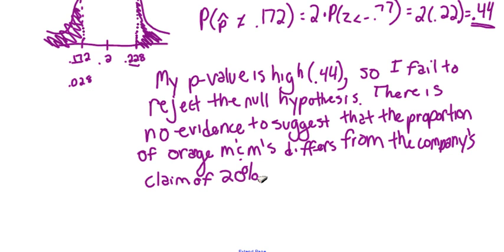This means there's evidence to suggest that the alternative is true. There's a null hypothesis and an alternative. If your p-value is above 5%, we fail to reject the null hypothesis. That means there's no evidence to suggest that the alternative is true.